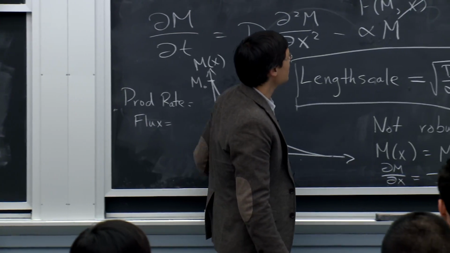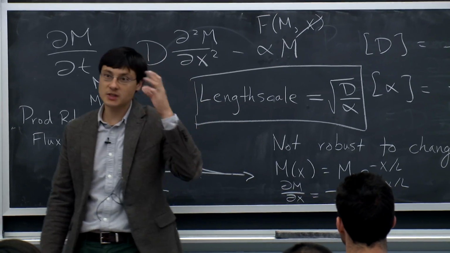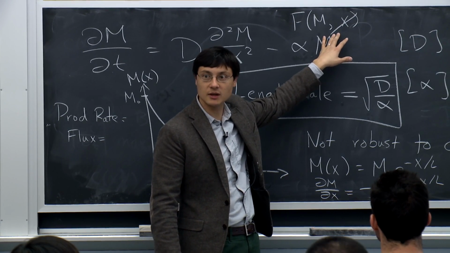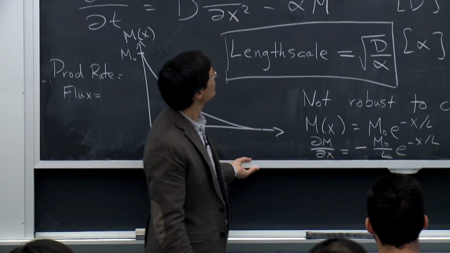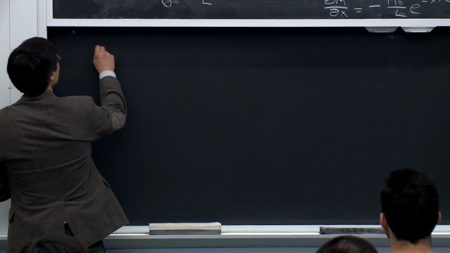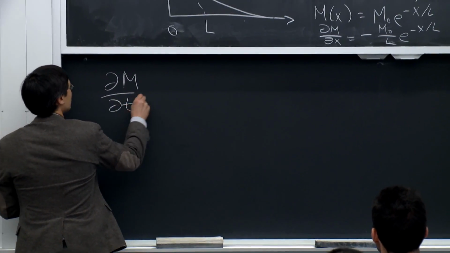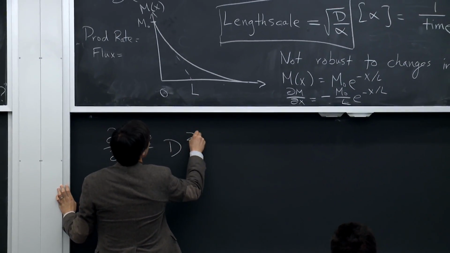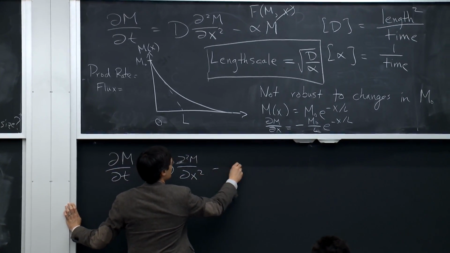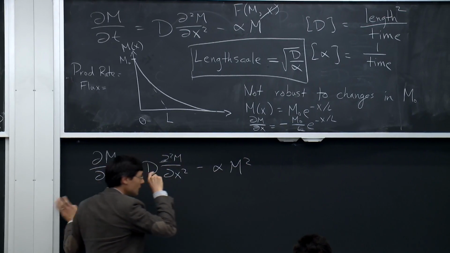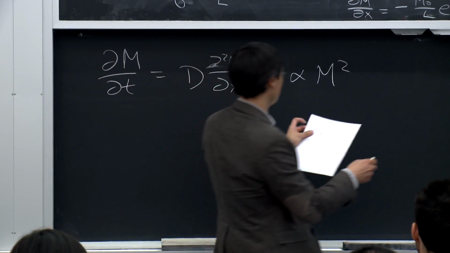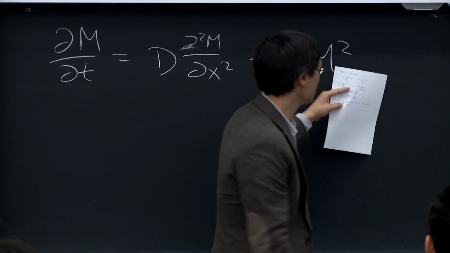Right, and so one proposal is indeed just to have something that, and this is very much a phenomenological approach, has self-enhanced degradation, right? So the idea is that if we have the morphogen profile that looks something like this, I just want to highlight that there are multiple ways you can have something that looks like this, right?